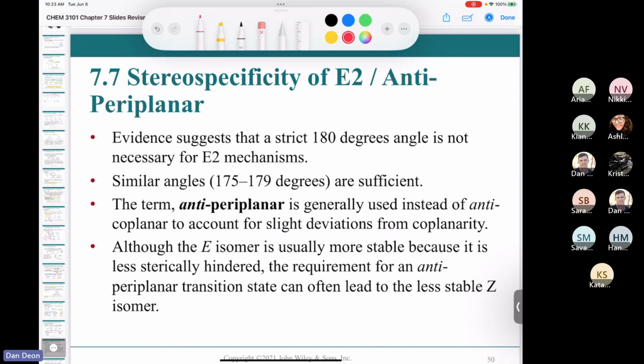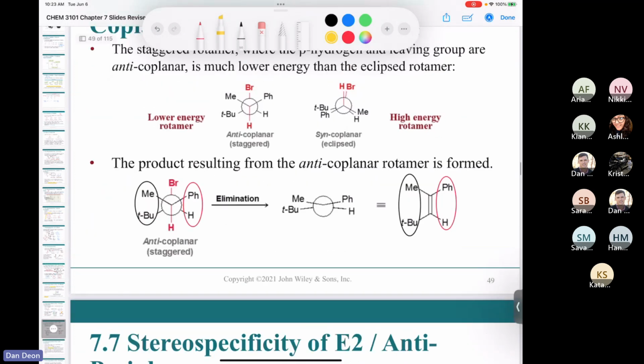So a little more about this whole stereospecific elimination reaction. You heard this word come out of my mouth just a few minutes ago. I said anti-periplanar, and the word that I taught you before, I think, was anti-coplanar. All that it is saying here is that this angle is not always exactly 180 degrees. Sometimes it's close to 180 degrees.